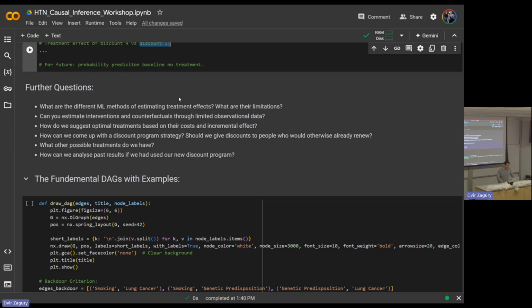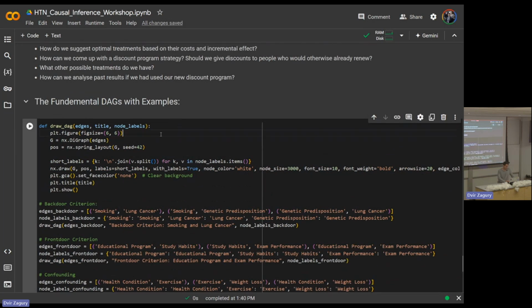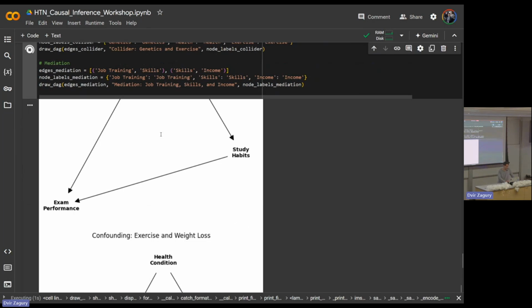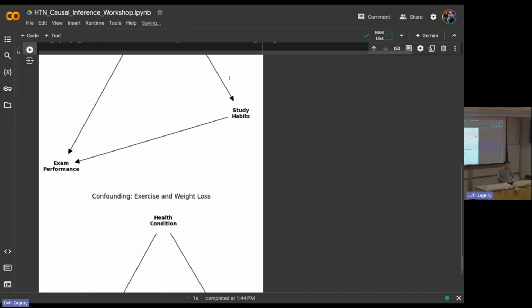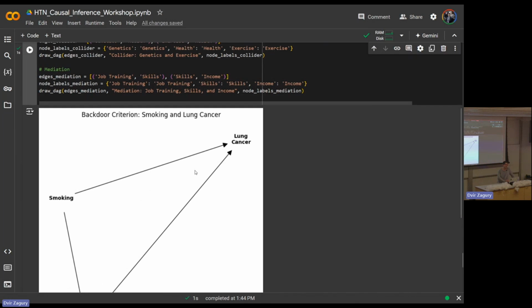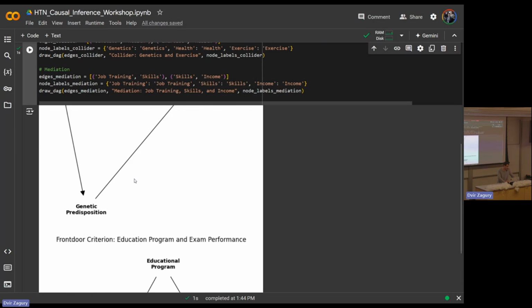And lastly, there are some fundamental DAGs with examples of cases where they apply. These are some of the most well-known DAGs that you have to work with if you ever actually do this.